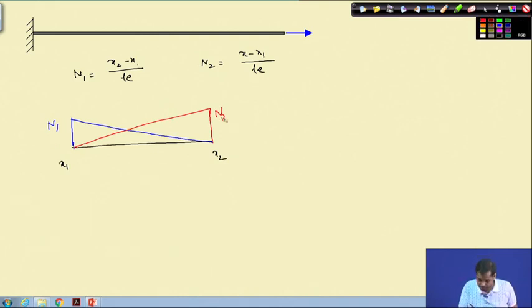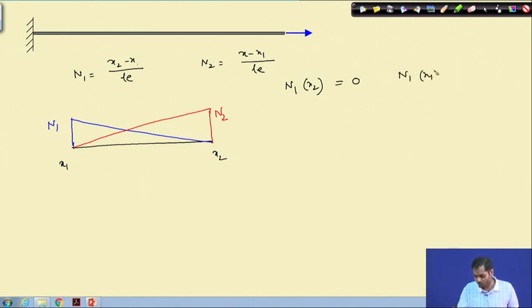It means that, now this property, if you see n1, if I calculate n1 at x2, that is equal to 0, and n1 at x1 is equal to 1. Similarly, n2 at x2 is equal to 1, and n2 at x1 is equal to 0.